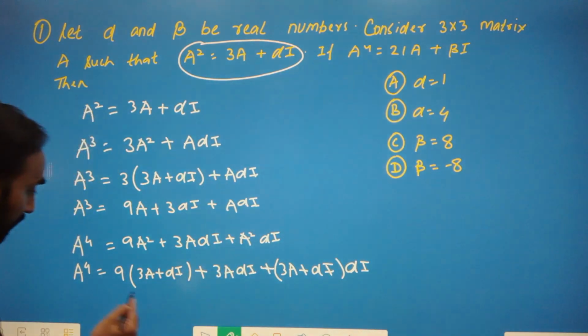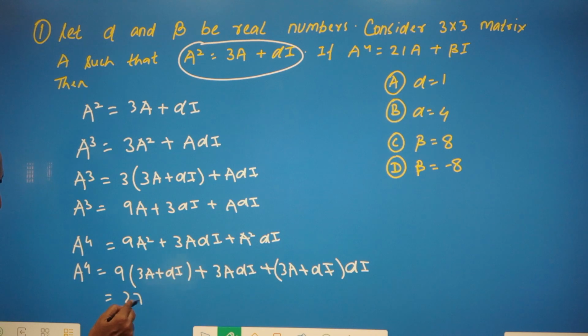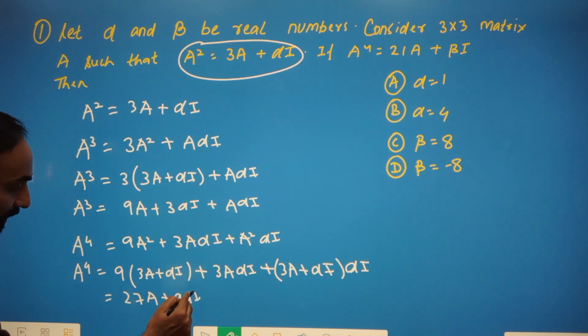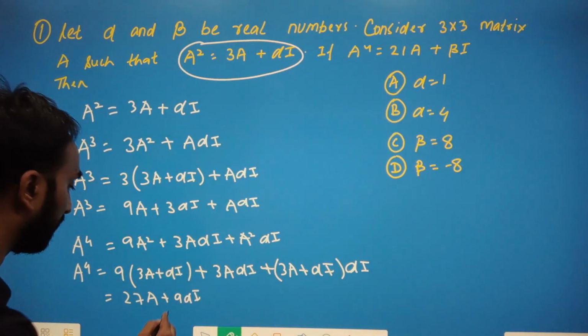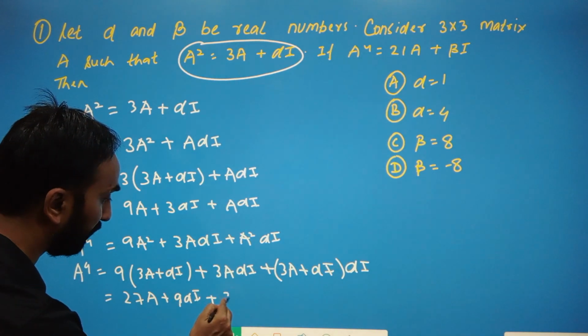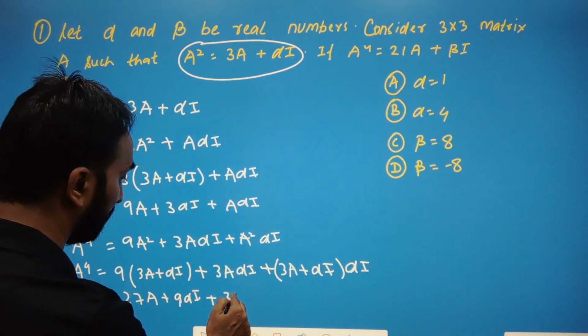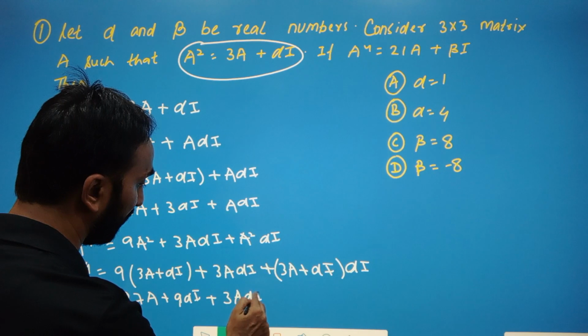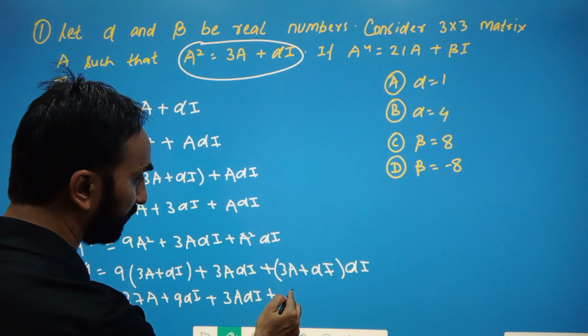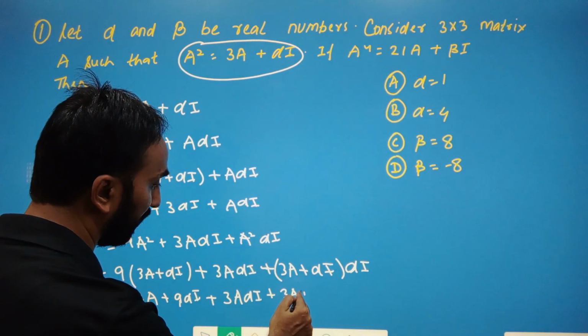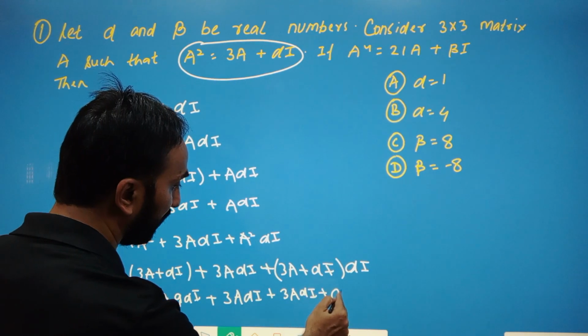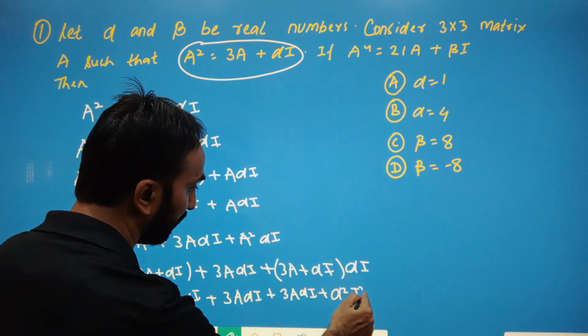Now just simplify it. In the simplifying process, we will get 9 3s are 27A plus 9 alpha I, right? This will become 9 alpha I. This will become 3A alpha I, and this will become 3A alpha I, and the last term will be A square I square, right?